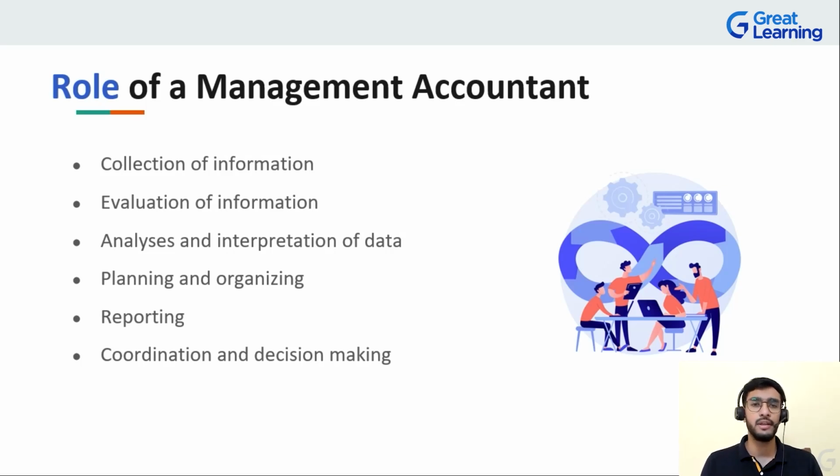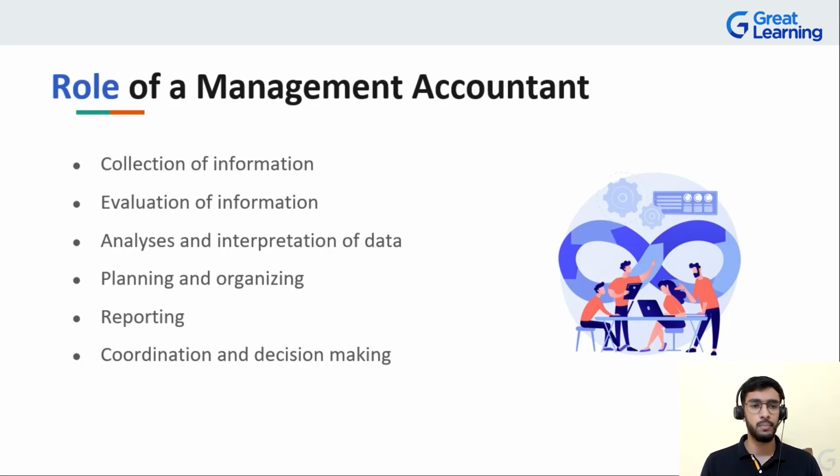Here the information collected in the first role gets evaluated for the best usage and easy understanding, right? Here the management accountant becomes the judge of what is relevant and what is irrelevant. He keeps what is relevant to the report that is going to be presented to the upper management. So that is the second point, evaluation of information.